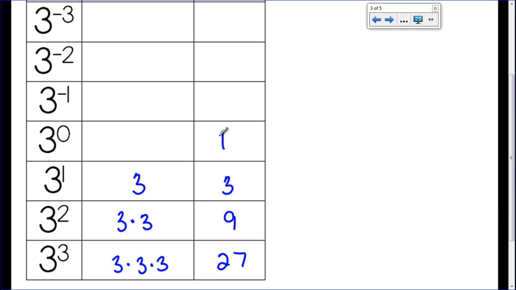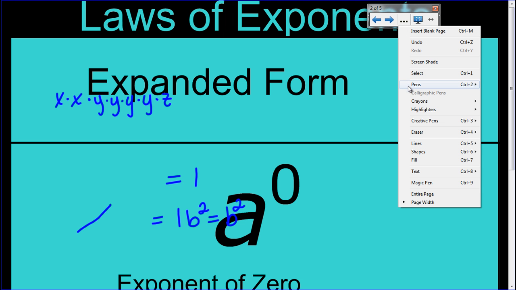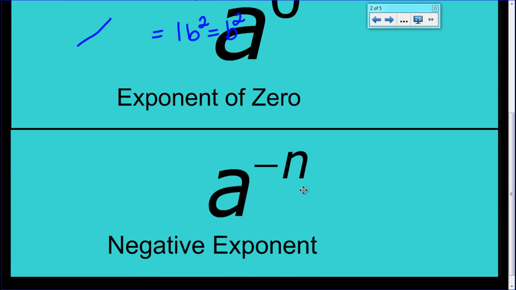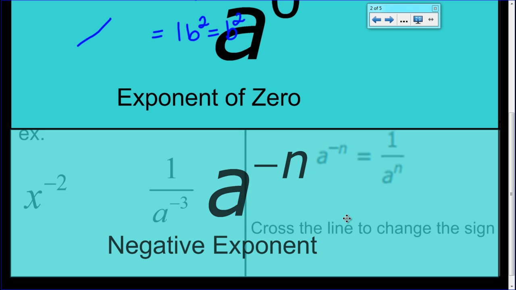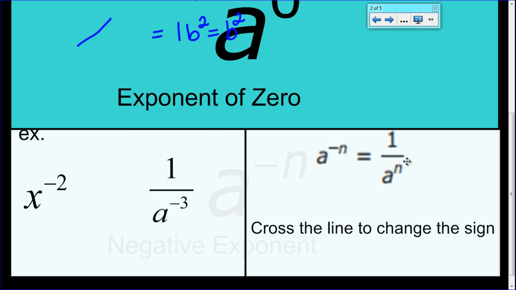Now, 3 to the negative 1 power does not mean that I write it down as negative 3. If we're going to talk about negative exponents, you're going back to the back of your agenda. If we're going to talk about negative exponents, a to the negative n, something to a negative power, a to the negative n is the same thing as 1 over a to the positive n. So you have to cross the line to change the sign.